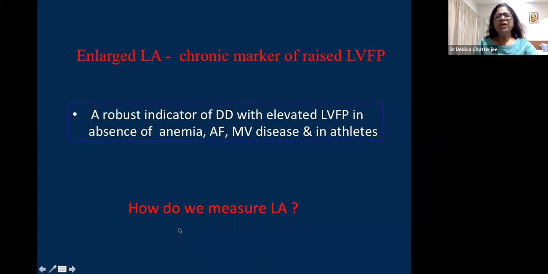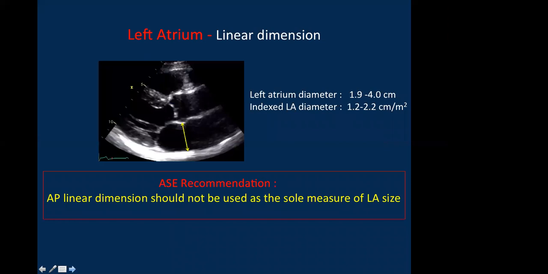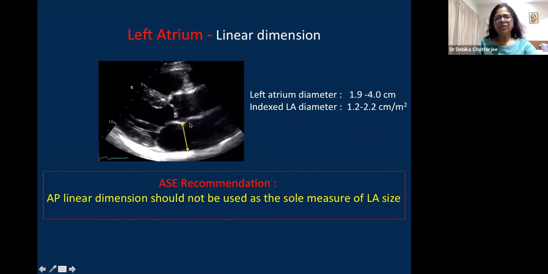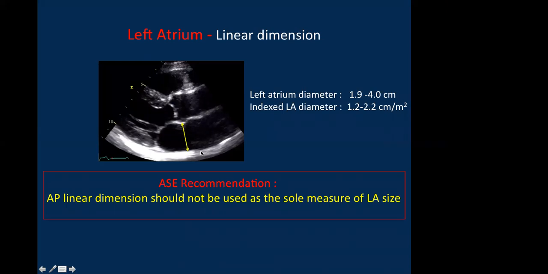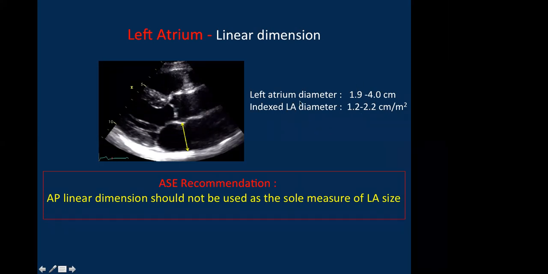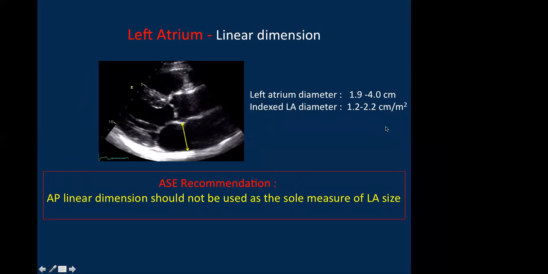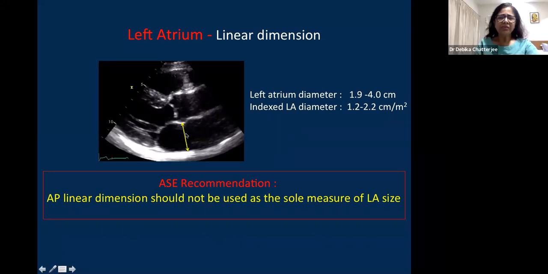Now, how are we going to measure the left atrium? We always start measuring the left atrium in the parasternal long axis, where we measure in two-dimensional view, from the trailing edge to the leading edge, and these are the values for normal LA. Now, you know that this is the anteroposterior measurement.